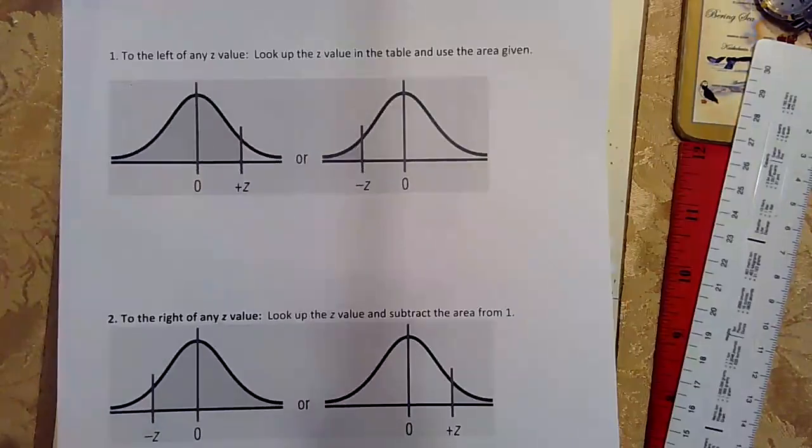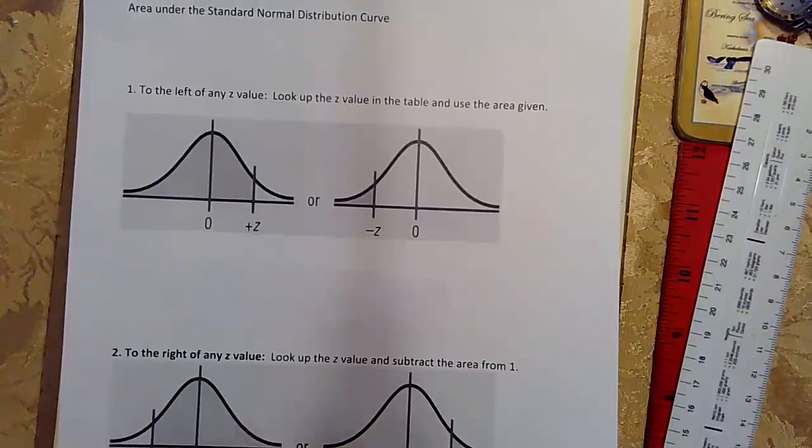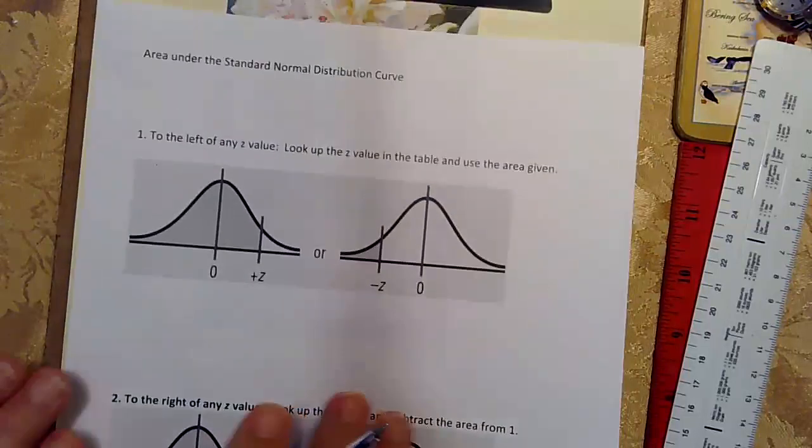All right. So let's give you some examples of the first scenario: area underneath the standard normal distribution curve. Remember what we wrote earlier.